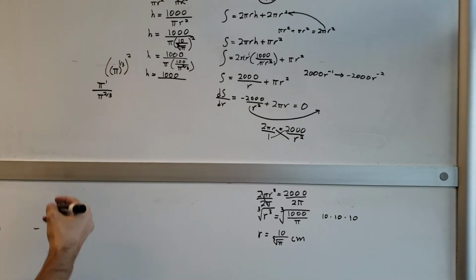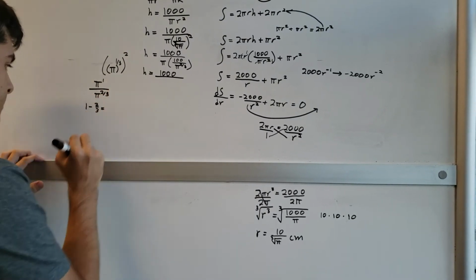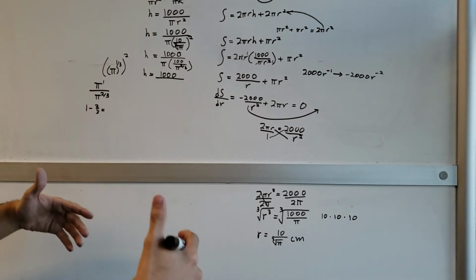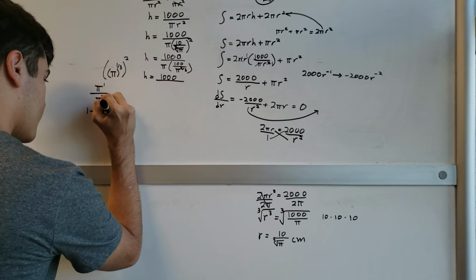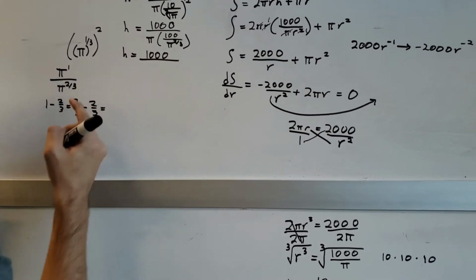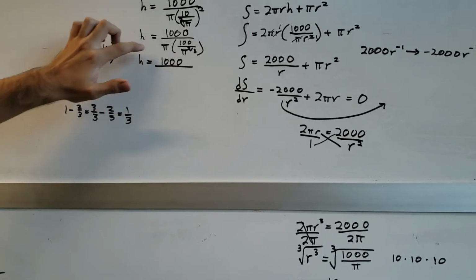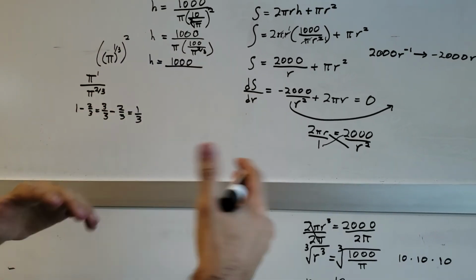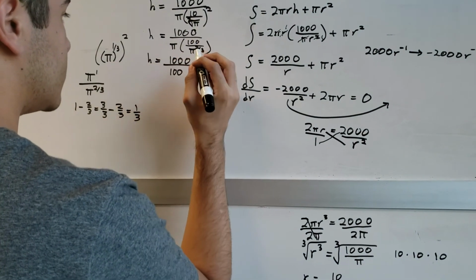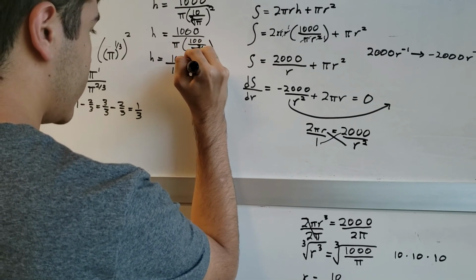So 1 minus 2/3. What's 1 minus 2/3? You can rewrite the 1 as 3 over 3, because 3 divided by 3 is 1. Minus 2/3, that's 1/3. So the exponent that pi is going to get is 1/3. Or in other words, it's the cube root of pi. So it's going to be 100 times the cube root of pi.